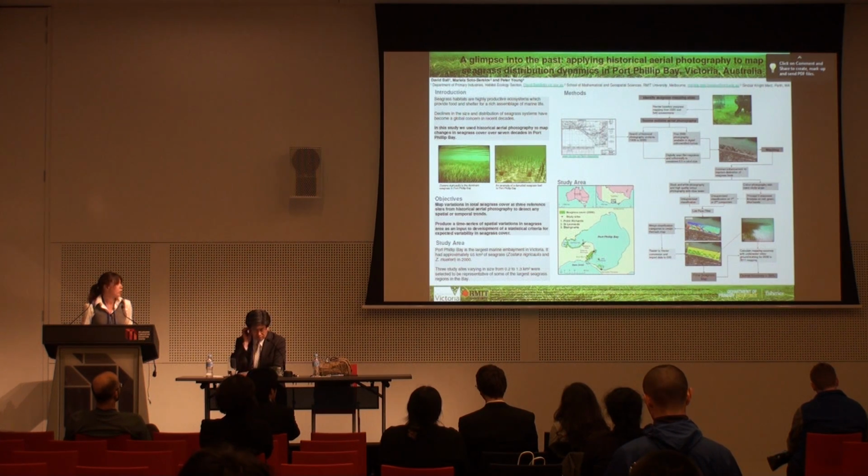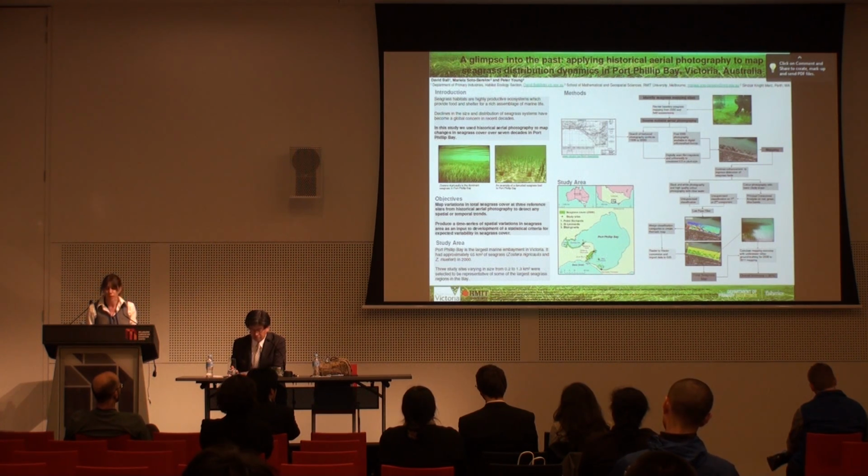So the first step in our methods, obviously after selecting our study sites, was to look at the image archive, and we went ahead and found all the aerial photographs that we thought allowed us to delineate seagrass areas in detail. Then we processed these images, and I won't go through the steps of the methodology, but you can come and talk to us after.